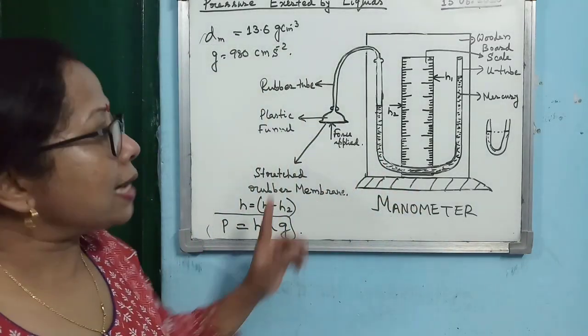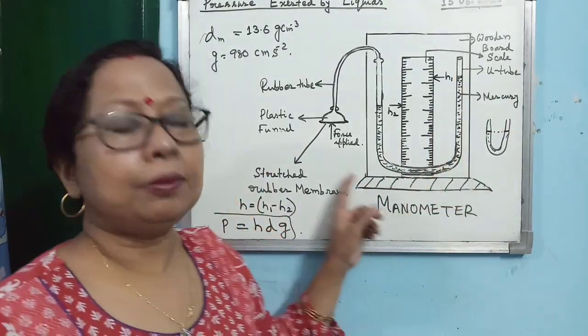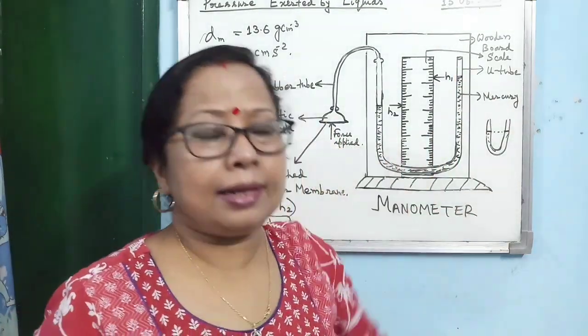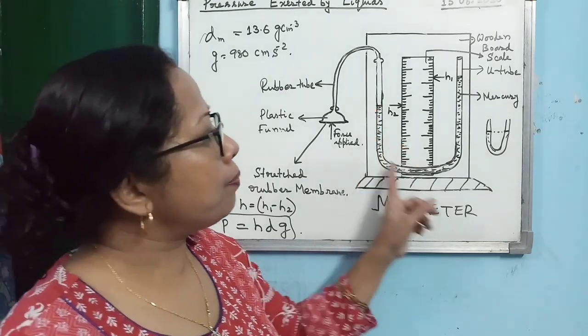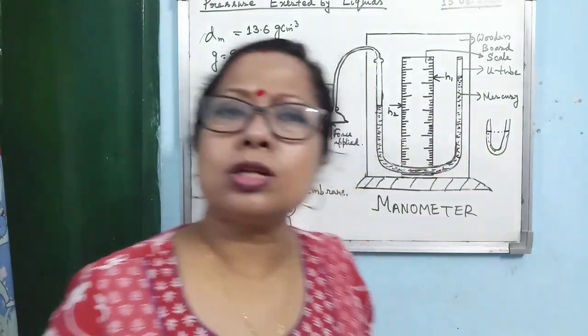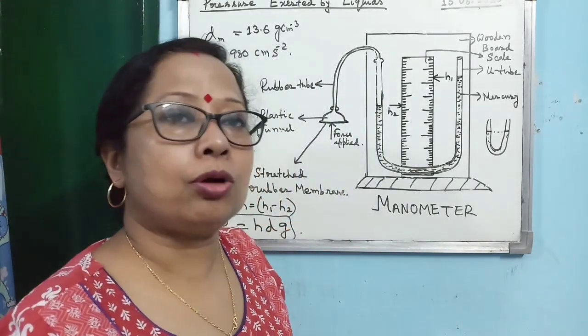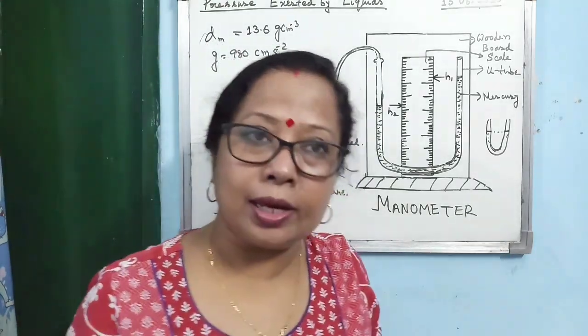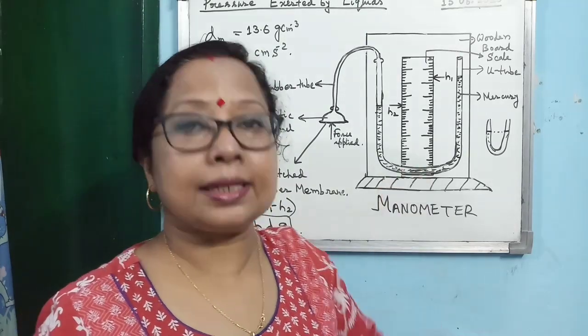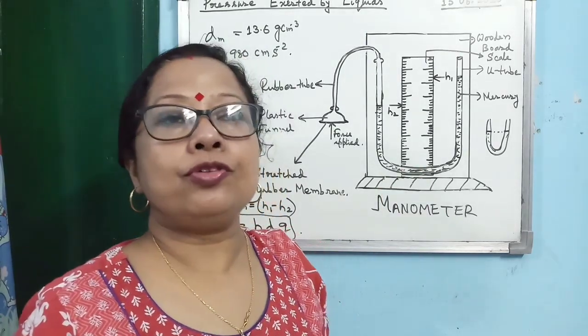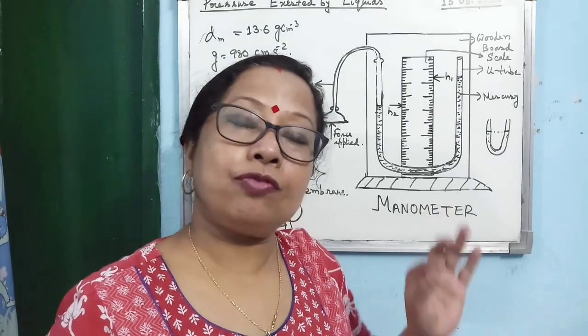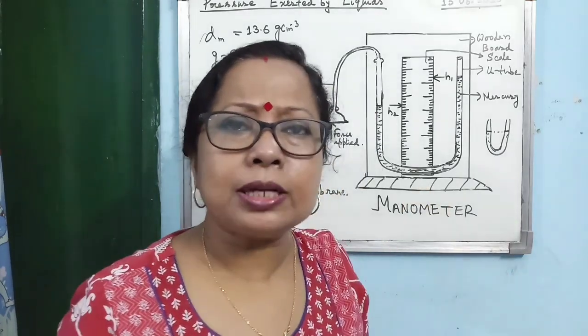Now, as I said, when you are making the U-tube at home, then instead of mercury, because mercury is costly, not easily available, and generally we do not allow children to handle mercury, because if there is any cut in your body and you touch the mercury, and it enters your body, that is very much harmful.